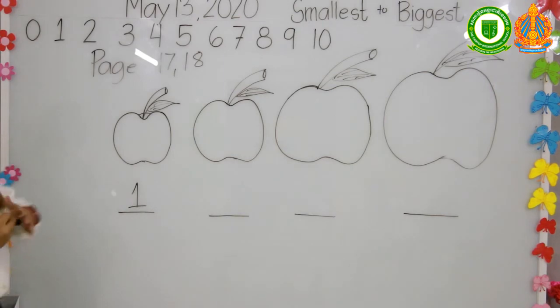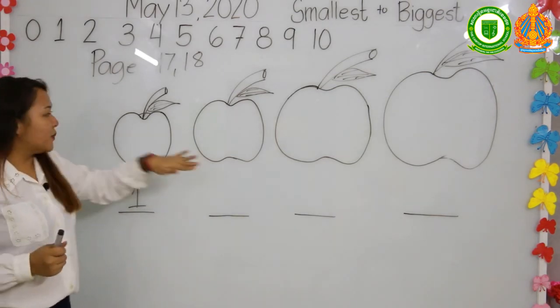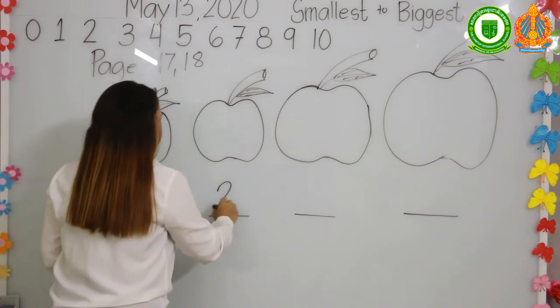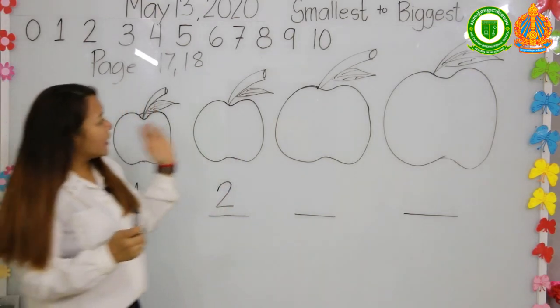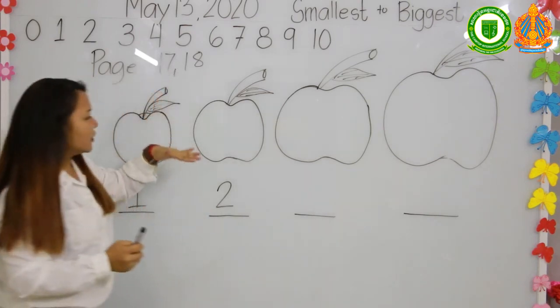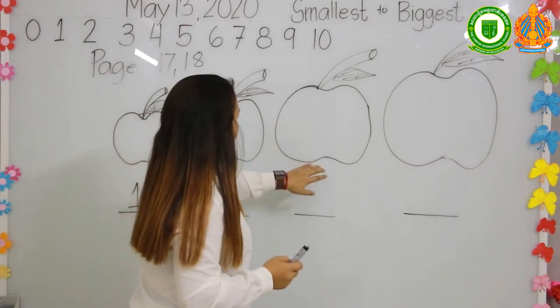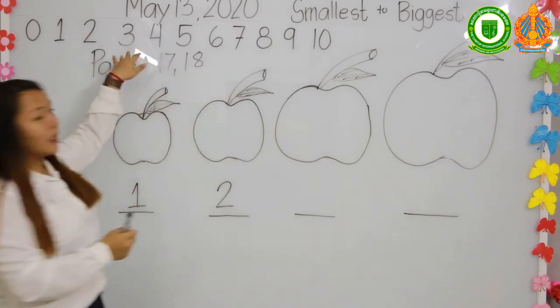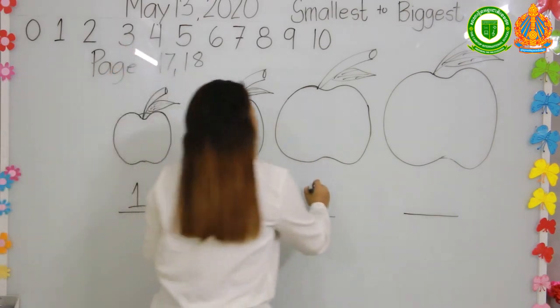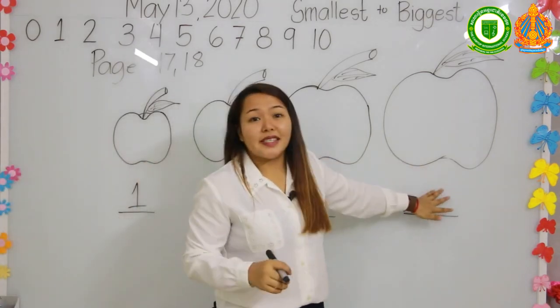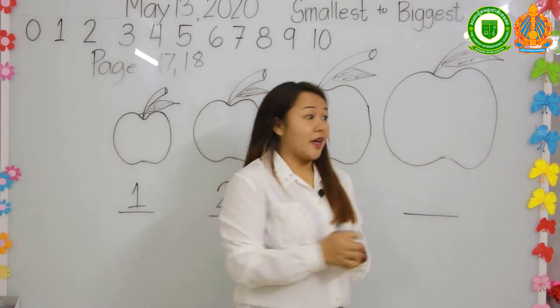Okay, and for the next picture, which is bigger than the smallest, let's write number 2. Next to that, we have this apple, and we're going to write number 3. Okay, and lastly, for the biggest apple, we're going to write number 4.